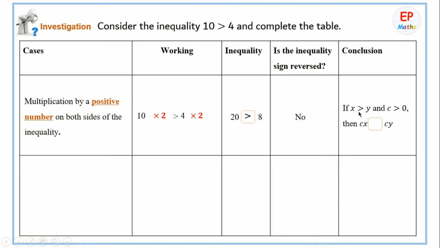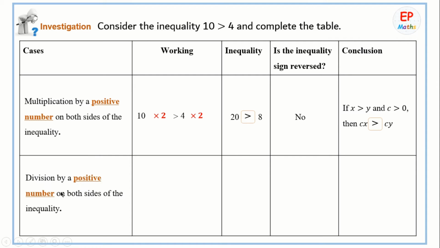If x is more than y and c is more than 0, it actually implies that c is a positive, because any number that is bigger than 0 will always be a positive. So c times x, then c times y, what will be the sign of inequality? We have already seen that it will be more than.